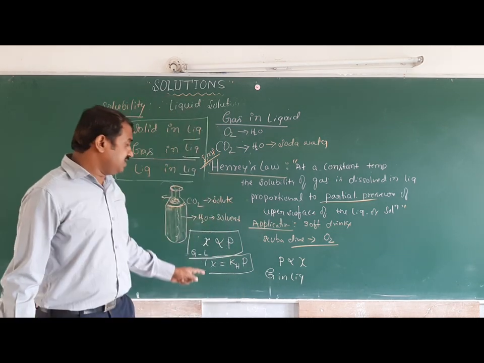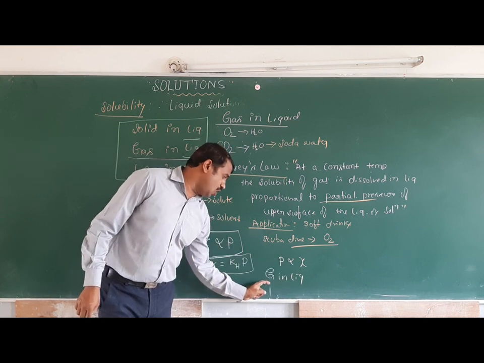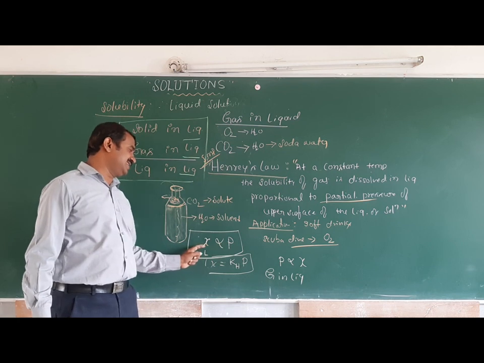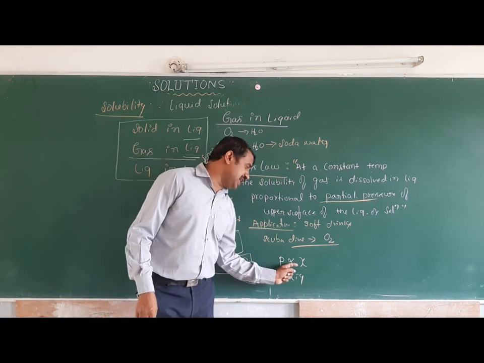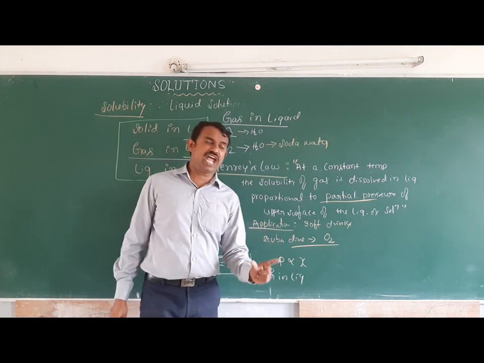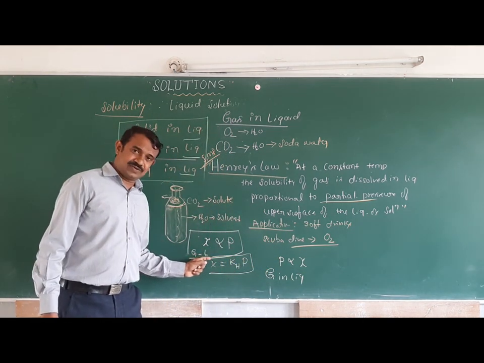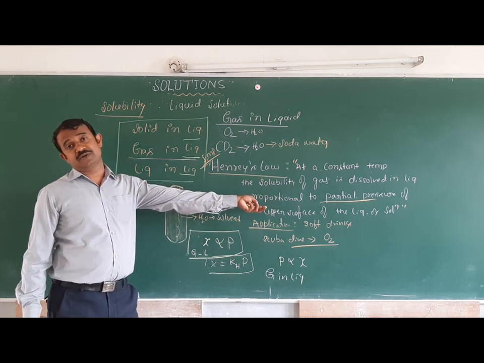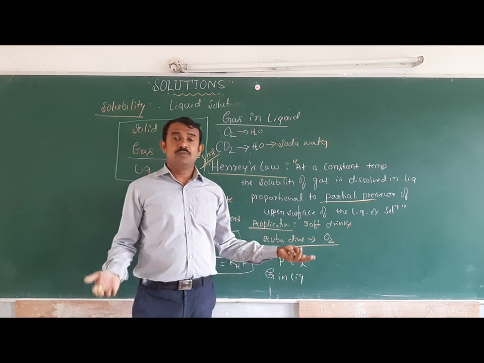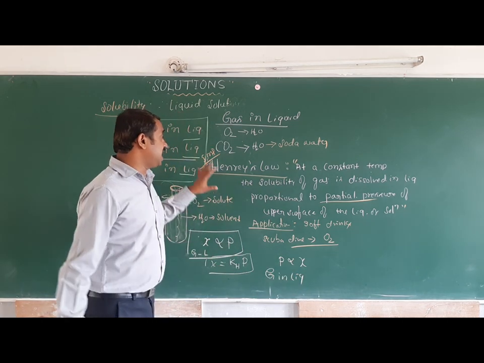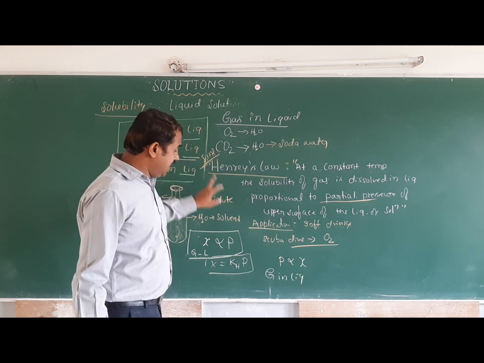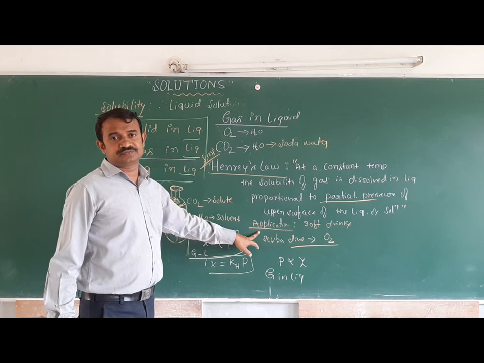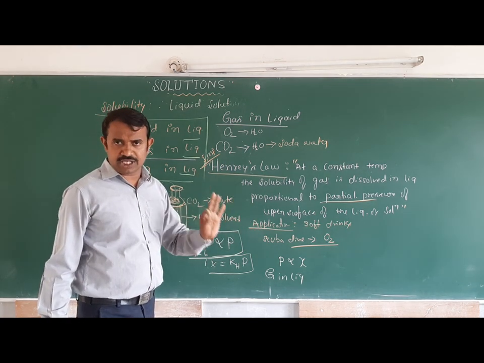Both ways we can write, X is directly proportional to P or P is directly proportional to X, but you have to mention the gas dissolved in liquid. Sometimes they will ask you to state Henry's law and write the mathematical expression, or state Henry's law and write applications. This is very, very important in board examinations.